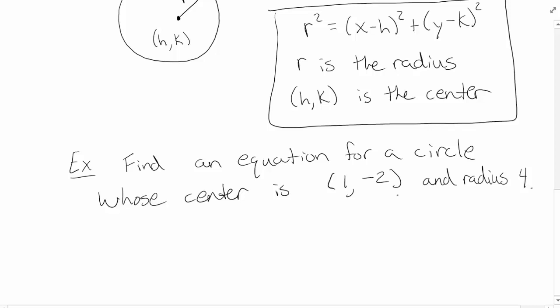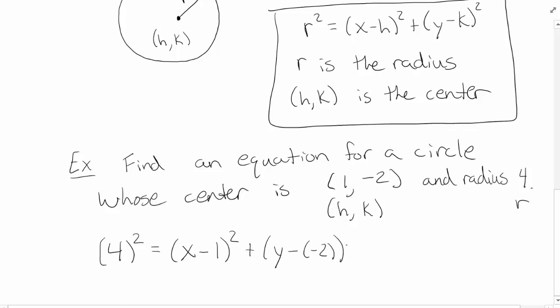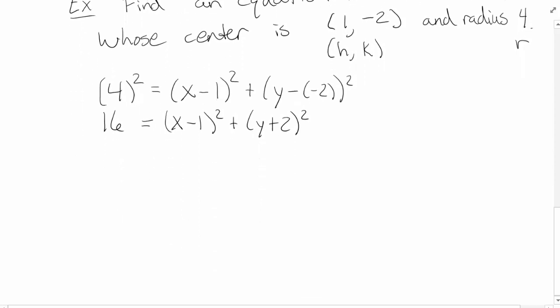Well, the center is 1 comma negative 2, so this is my h comma k, and my radius r is 4. I have r squared, so I'm going to have 4 squared is equal to (x minus my h, which is 1) squared, plus (y minus a negative 2) squared. And if we clean that up just a little bit, that means 16 is equal to (x minus 1) squared plus (y plus 2) squared is the equation for the circle whose center is 1, negative 2, and radius 4.